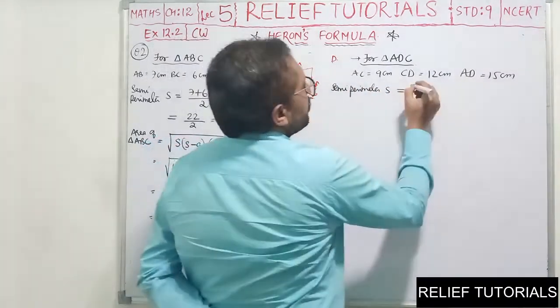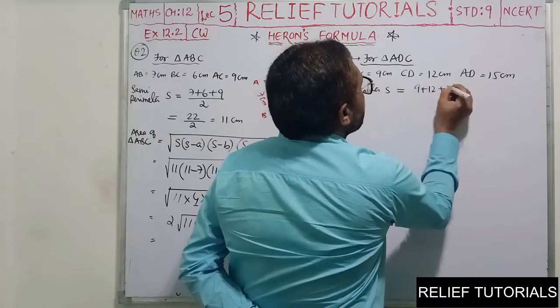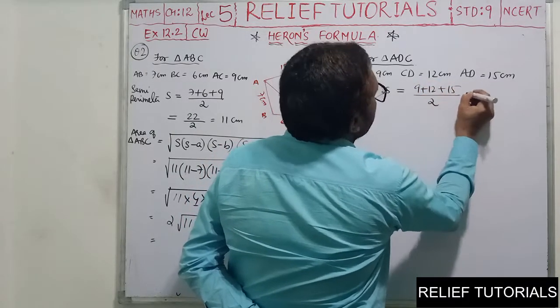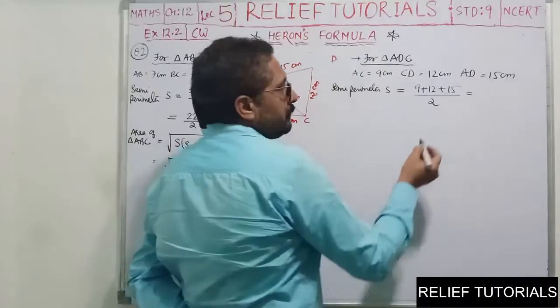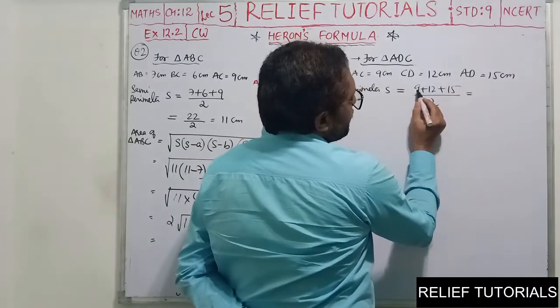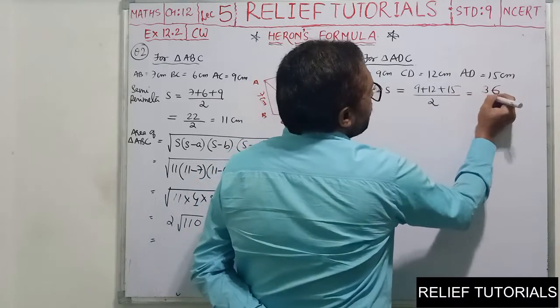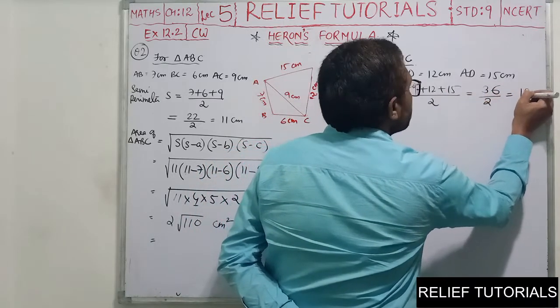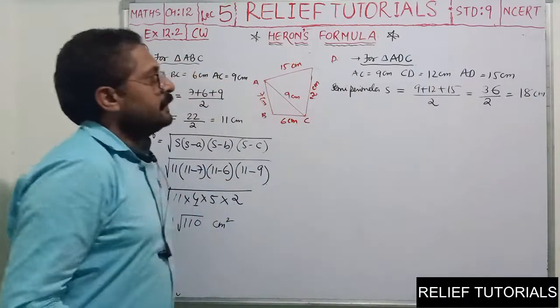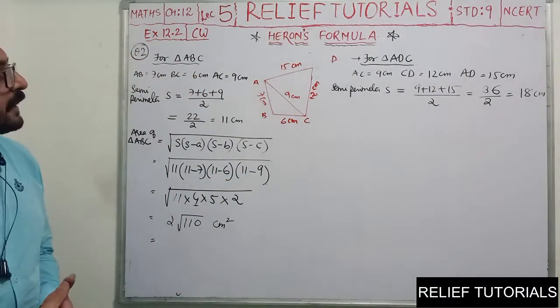S is equal to 9 plus 12 plus 15 upon 2. 5 plus 2, 7. 7 plus 9, 16. 6 carry 1. So we get 36 upon 2. That is equal to 18 centimeter. So this is the semi-perimeter of triangle ADC.